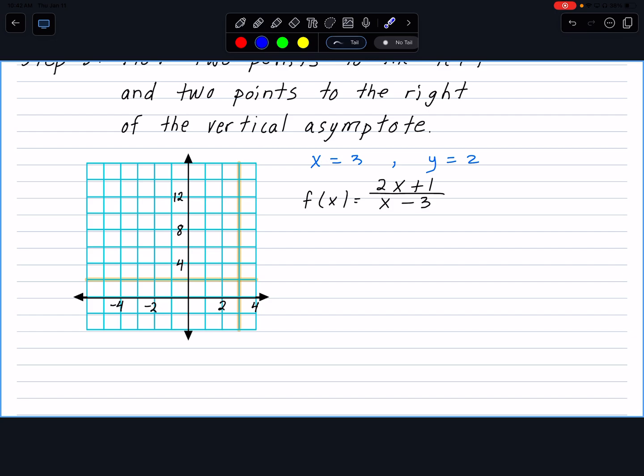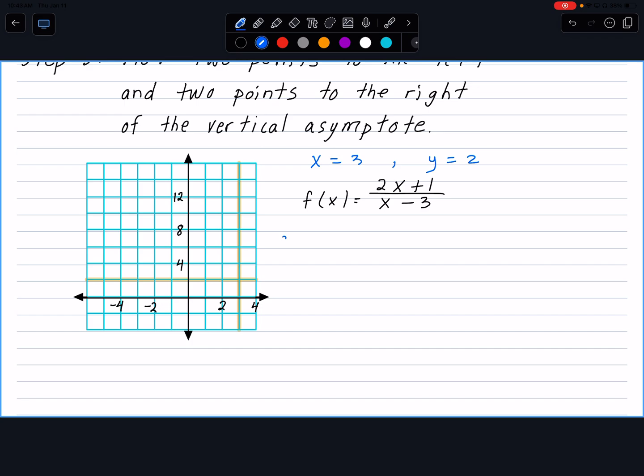The big thing here is that we're going to plug them into the original function, so everything is based on the actual points themselves. So this is our origin. We're not doing a translated origin like we've done before. For example, my vertical asymptote is at 3, so I'm going to choose 2 numbers to the left of 3. Would you guys agree? 2 is to the left of 3, 1 is to the left of 3. I'll do those in order.